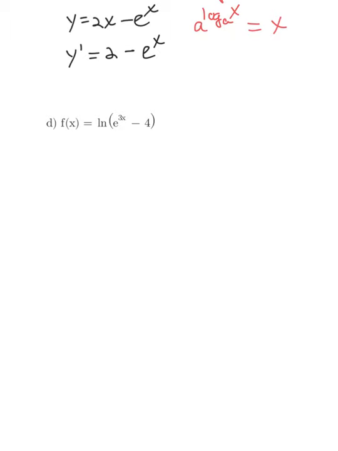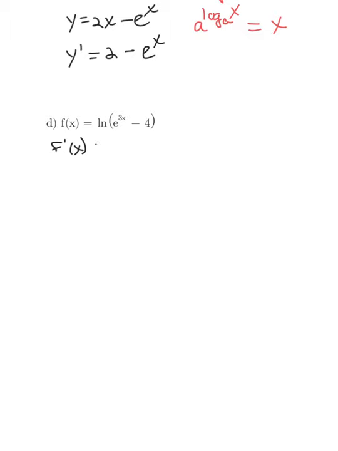I just noticed as I was typing this that there are 2 letter C's in example 1. This is the second letter C, we'll call it D appropriately. Our function is the natural log of the argument e to the 3x minus 4. Because the outside item is a natural log, when we do this derivative, we have to do the natural log rule first.